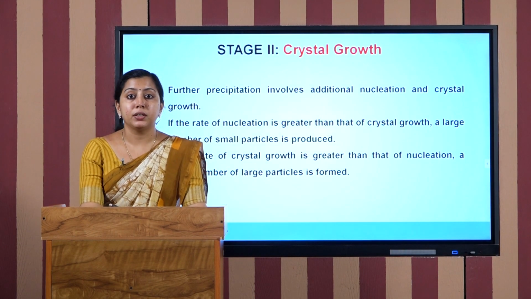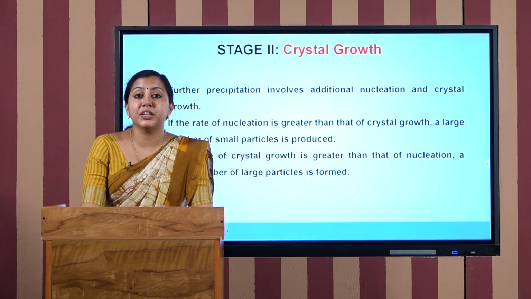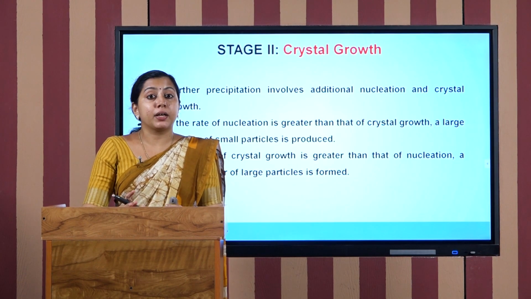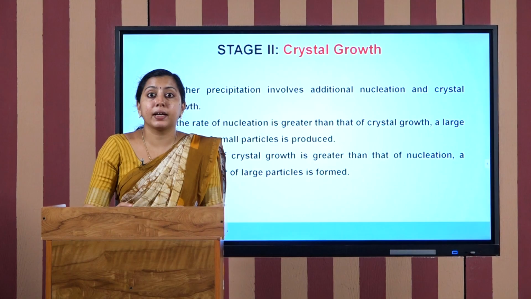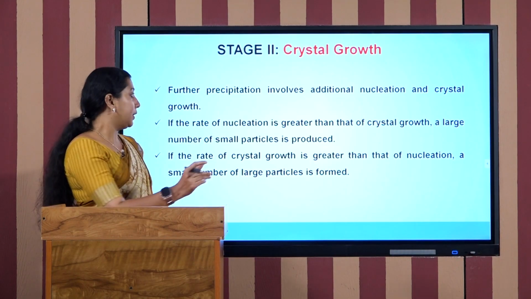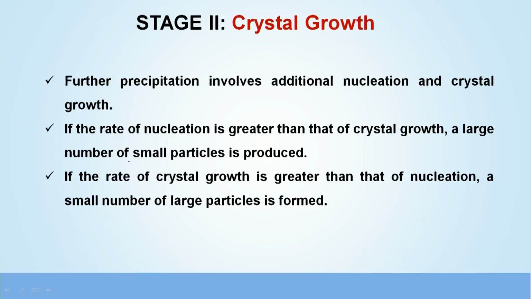Further precipitation involves additional nucleation and crystal growth. If the rate of nucleation is greater than that of crystal growth, then we will have a large number of small particles. On the other hand, if the rate of crystal growth is greater than that of nucleation, then a small number of large particles is formed.